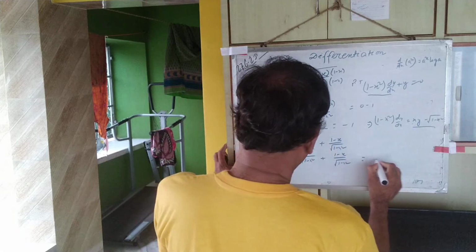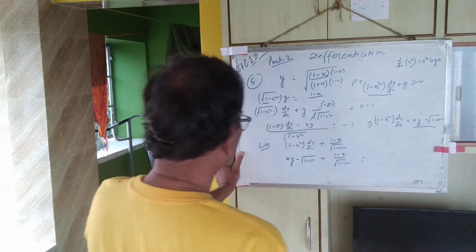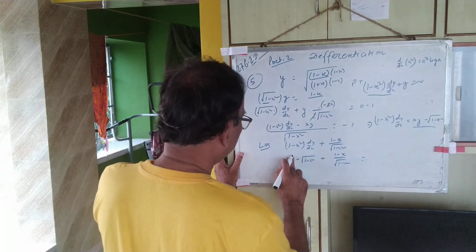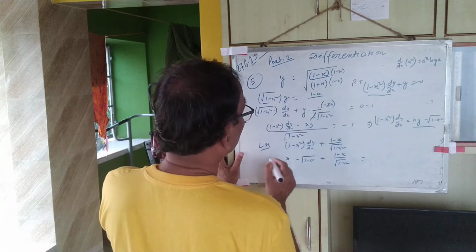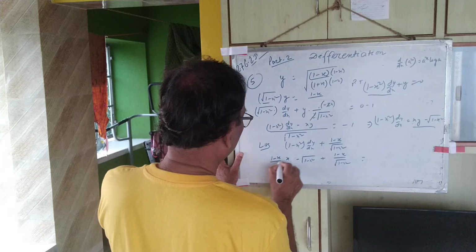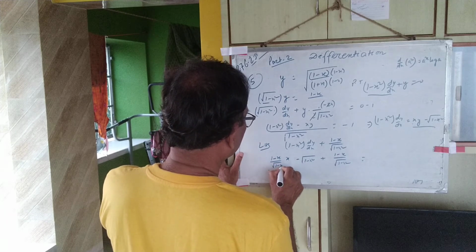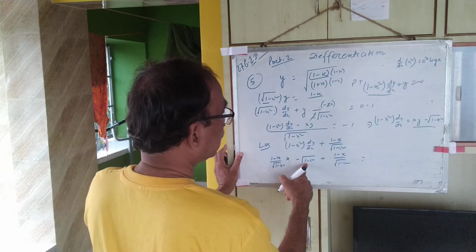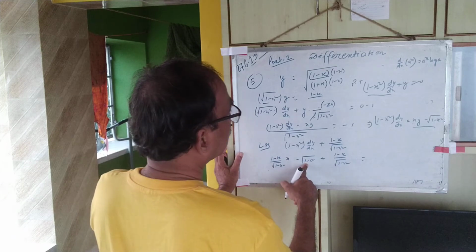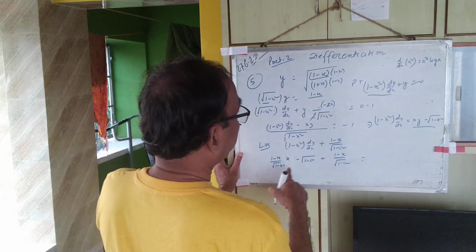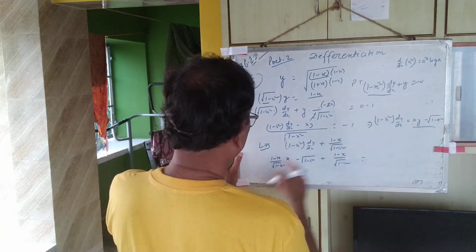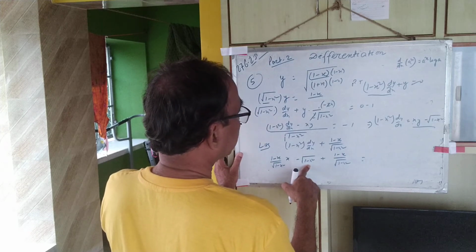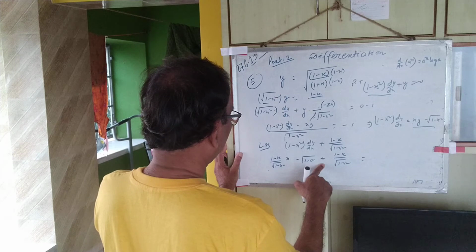LHS, equals to y, the value of y you know, y is (1 minus x) by root over of (1 minus x square), x into y value minus this, xy, x into y minus this plus y value this.